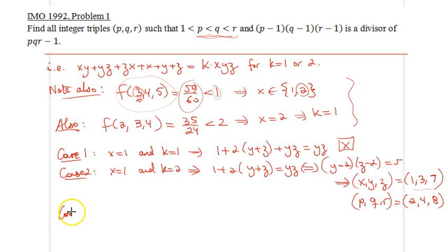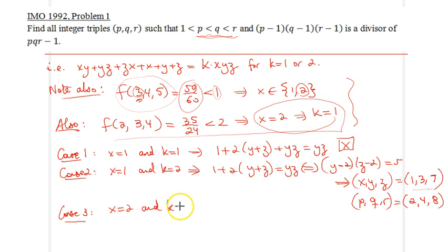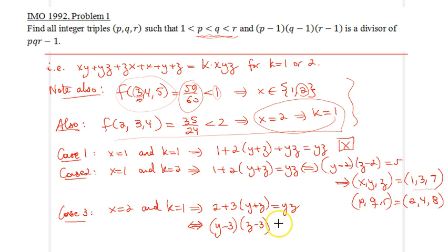And finally, case 3. x is equal to 2, and so when x is equal to 2, we know we are forcing k to be 1. In this case, we have 2 plus 3 times (y plus z) is equal to yz. Again, we can factorize this as (y minus 3)(z minus 3) is equal to 11. So we need to come up with 2 numbers whose product is 11, so we can think of only one case where y is equal to 4 and z must be greater than y.